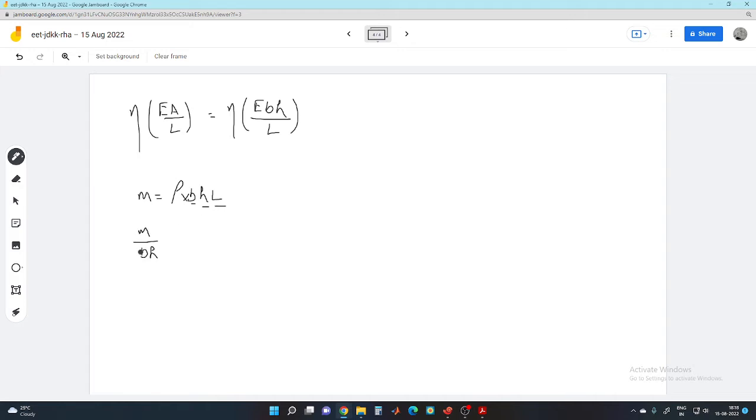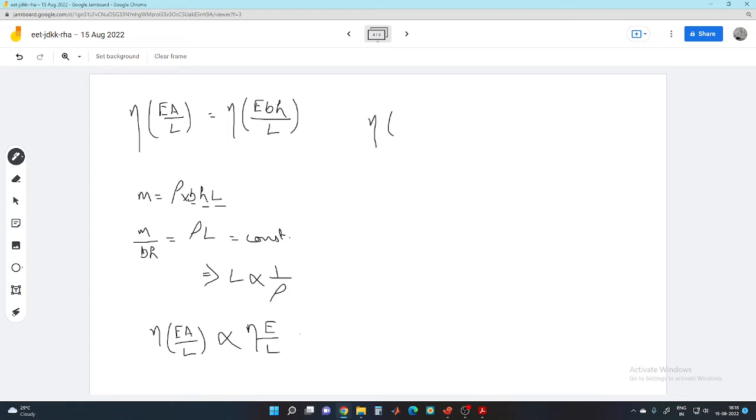M by BH is constant, so rho into L is also constant. This implies that L is inversely proportional to rho. So eta EA by L is proportional to eta E by L. We are omitting B and H because they are constant for our design. And now L is inversely proportional to rho.